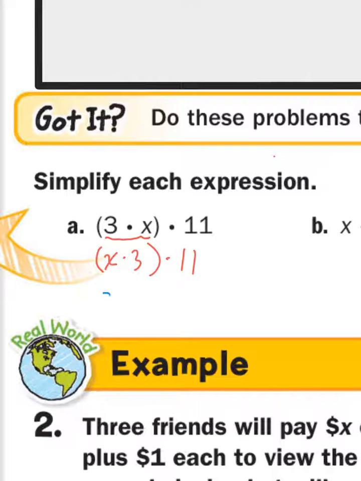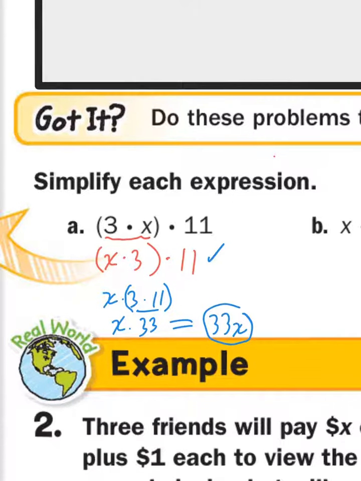So I'm going to rewrite it x times 3 times 11 and put the parentheses around the 3 and the 11. And now I'm going to solve it because 3 times 11 is 33 times x, and we really want to write 33 times x as 33x. So I used the commutative property to switch the order of some of the terms, and I used the associative property to move the parentheses.